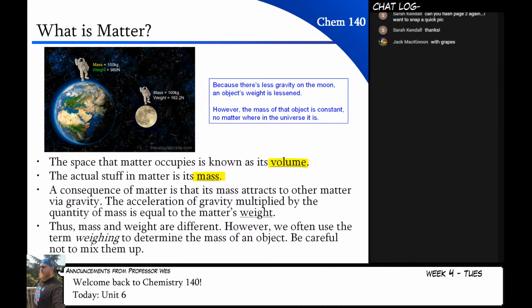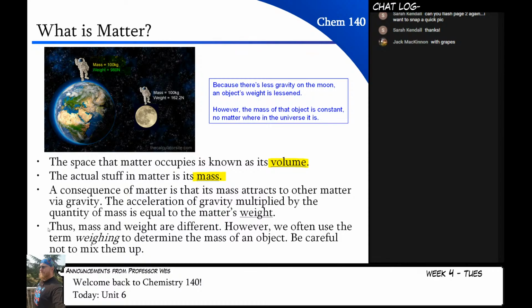We use force. For instance, if you stand on a scale in your bathroom, it will tell you a weight in pounds. Pounds are not mass. Pounds are a force due to your mass times the acceleration of gravity. So the amount of mass something has is how much matter it contains. That's this right here in yellow. But the weight of something is defined as that mass times the acceleration of gravity.